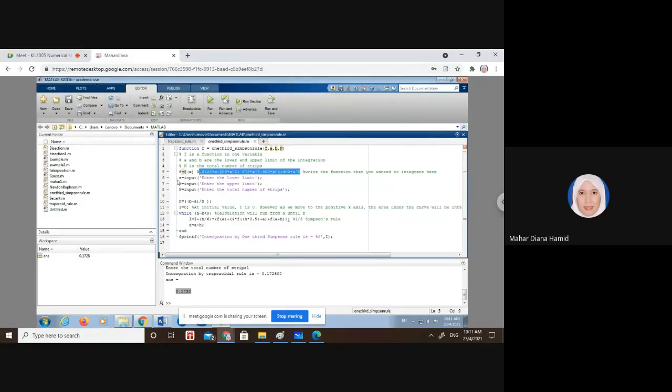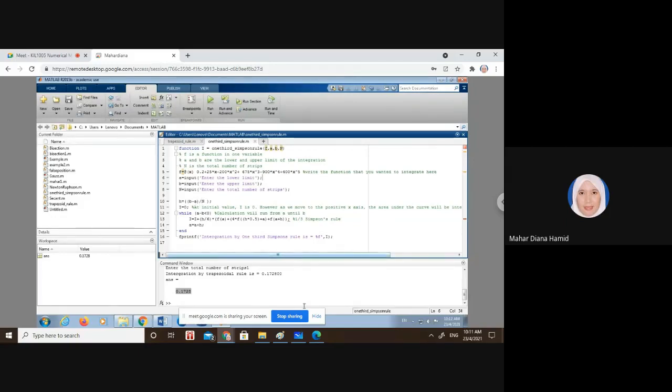And then you are going to ask MATLAB to ask the user to input the value of the lower limit, the upper limit, and the total number of strips, where the value of h is equal to b minus a divided by n.